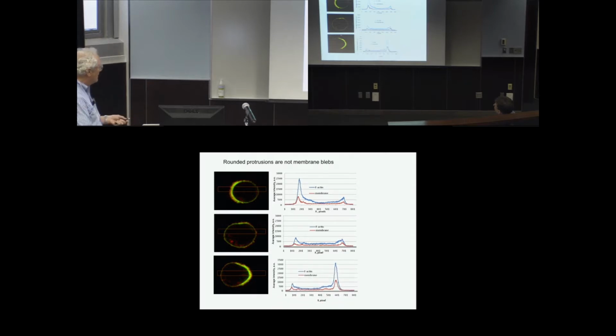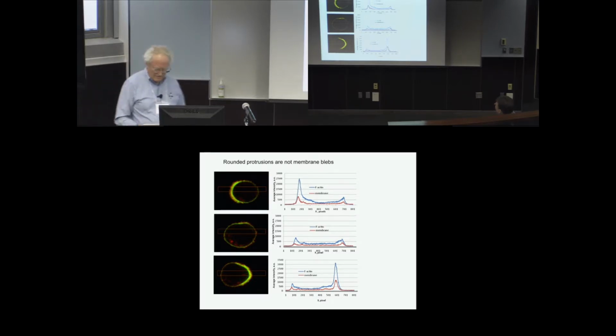And when the protrusion is on the other side of the cell, the same thing obtains. In the thick part, you see the membrane stain here and the cortical stain. But in the protruding part, you see membrane and cortex coincident, or nearly coincident.